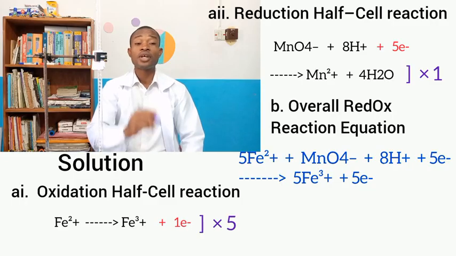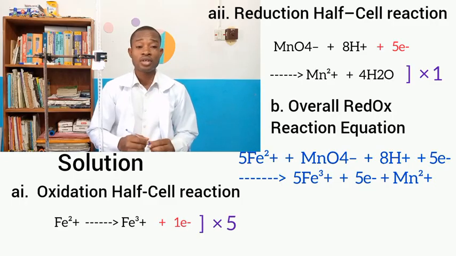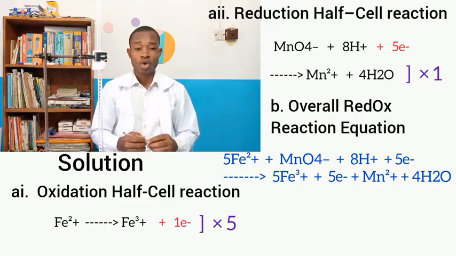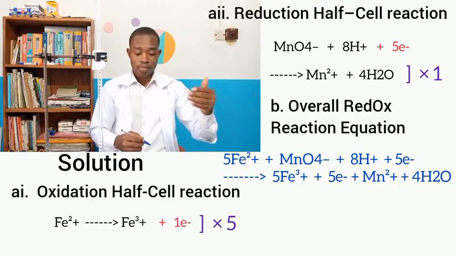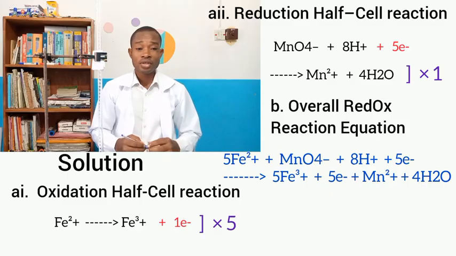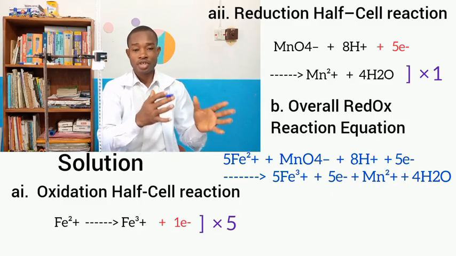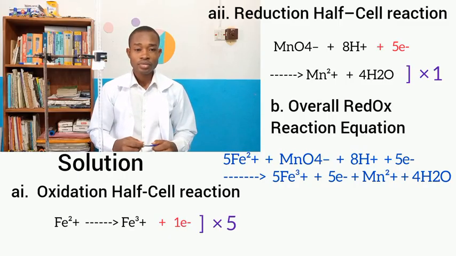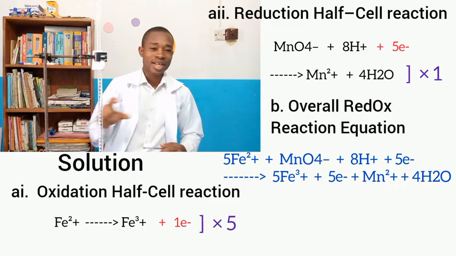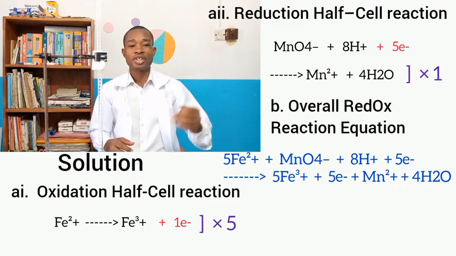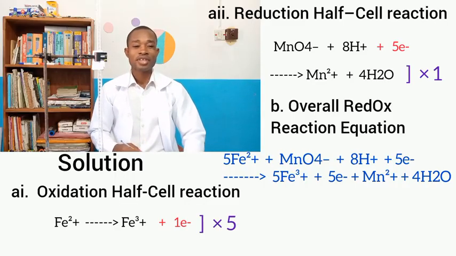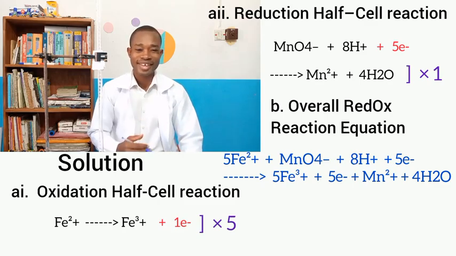And so what we have, the product there is manganese 2 ion and 4 molecules of water. So this is going to be plus Mn2+, and then plus 4H2O. So this is the combination of the oxidation and the reduction half cell reaction equation which we obtained earlier.